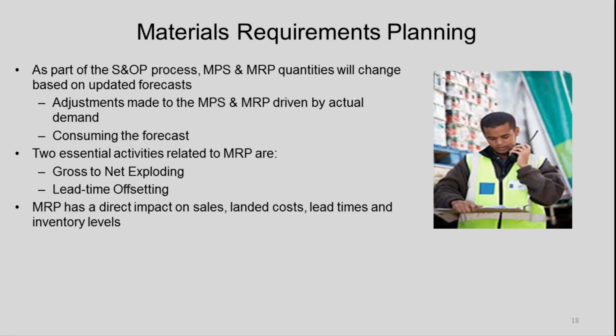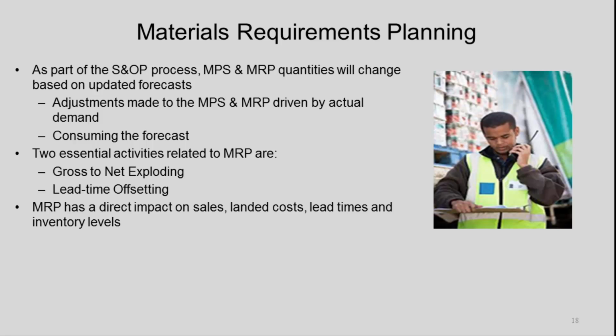The exercise, now software-based, of gross to net exploding and lead time offsetting is probably, and this is a professional opinion, one of the most important integrating functions found in the supply chain discipline, because it ties in purchasing, it integrates logistics, manufacturing, and ultimately the sale of goods in such a way that it would be hard to find a more integrating function than this.